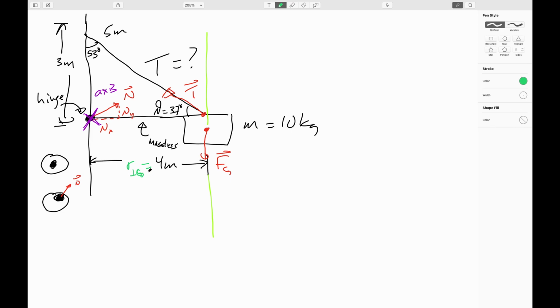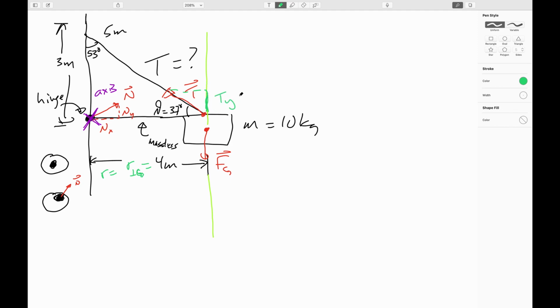Now for the tension, I'm just going to say this distance here is R for the tension. Instead, I'm going to be more interested in expressing the tangential component of the tension.